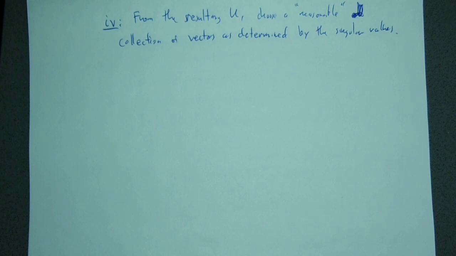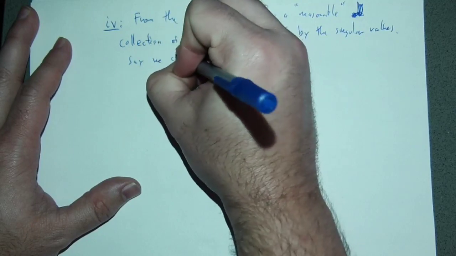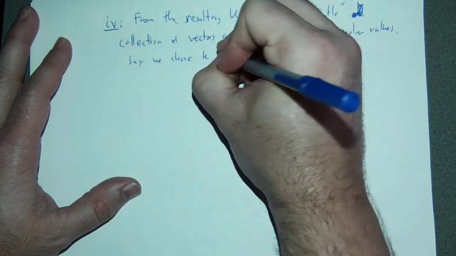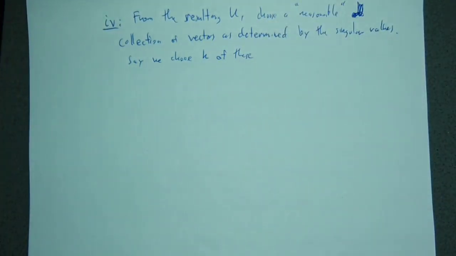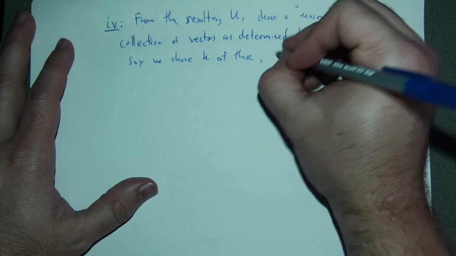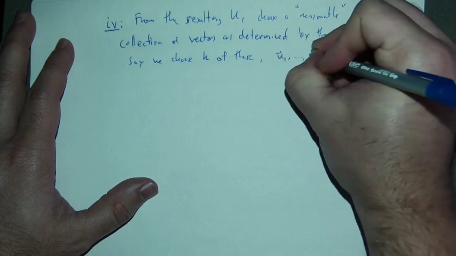So say we choose k of them, u sub 1 through u sub k.